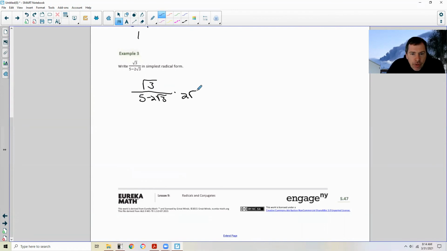If I just think, well, I'm going to cancel that, or even still, let's just get rid of that radical by multiplying by radical 3 over radical 3. Again, do not do this. I'm showing you a counter example. If I just simply multiplied root 3 over root 3, I would get 3 on top. That's great, but then I'd have 5 times the square root of 3, which is 5 square root 3.